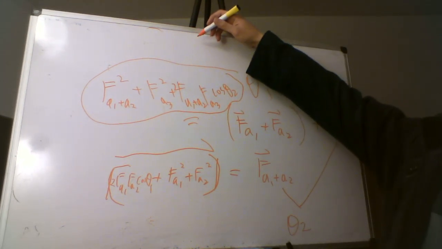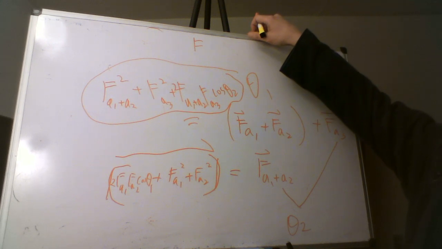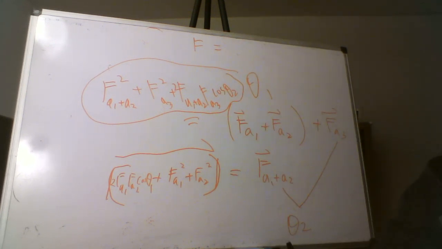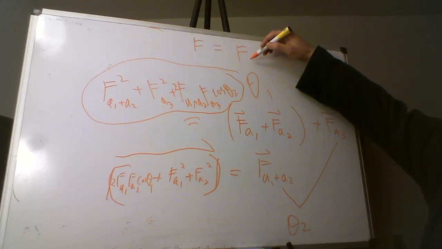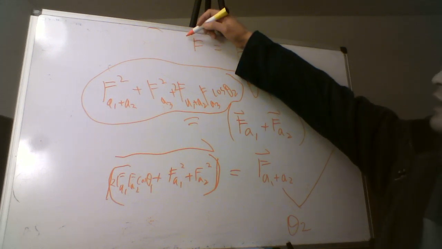So f of the summation of n vectors, f of sigma, let's call it, there are n vectors, okay?